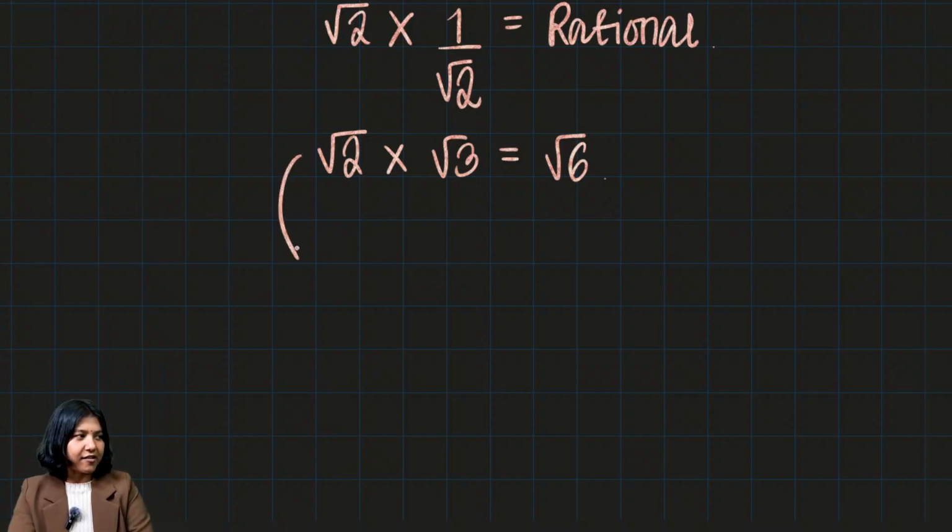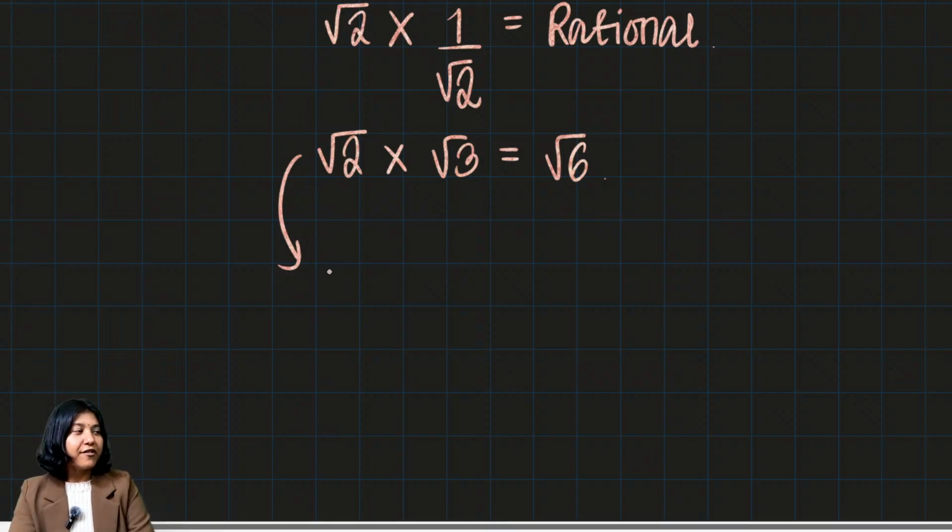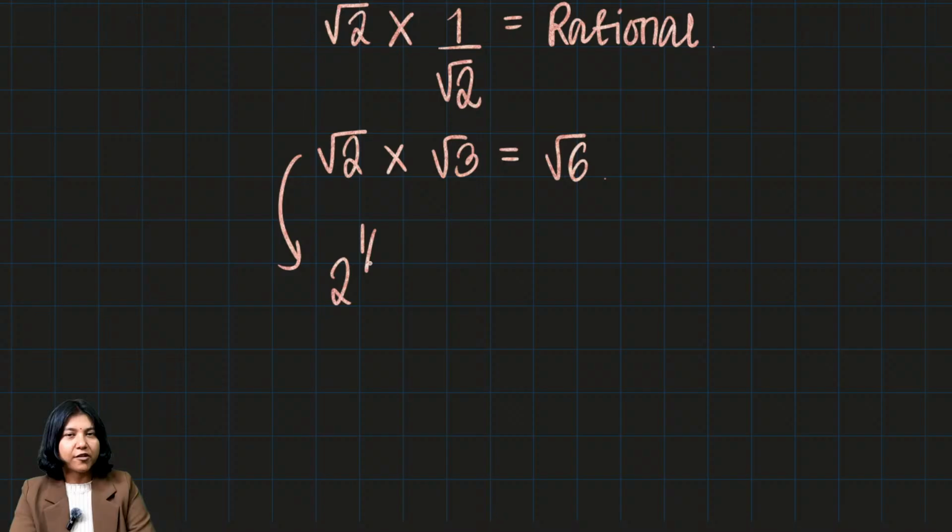Representing this in power form is one of the things we have coming up in the following sections. The square root always represents a power of half. Why? Because square root, as the word suggests, root, represents the reciprocal of square, which is 1 by 2. So that is how I'll represent it, and square root 3 is 3 to the power 1 by 2.